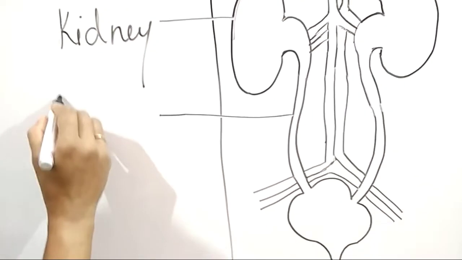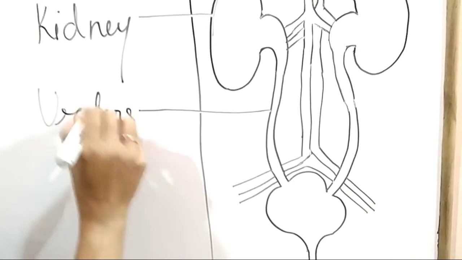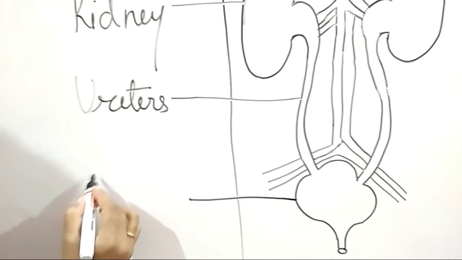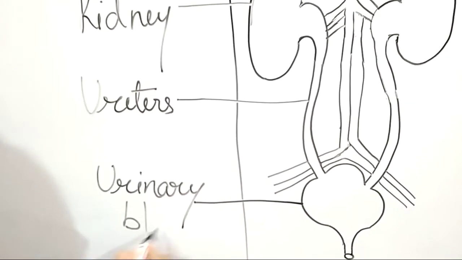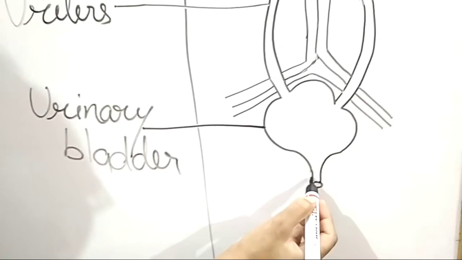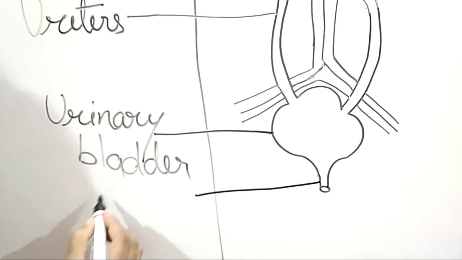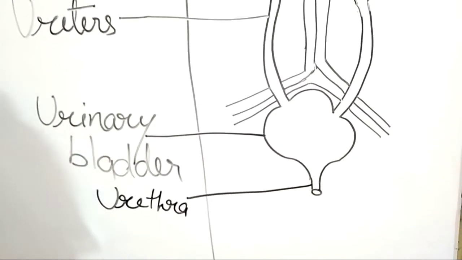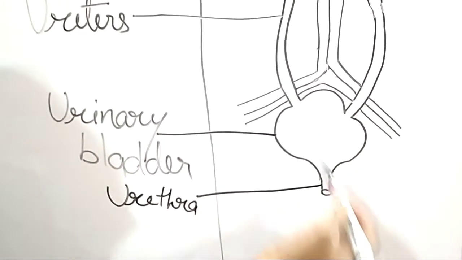So these tube-like structures are known as ureters, and this sac-like structure is known as the urinary bladder. And this small tube with a small opening, you can see, is known as the urethra. Actually this is the opening that sends out the waste product that collects here.